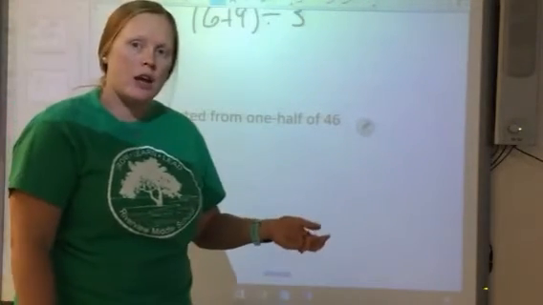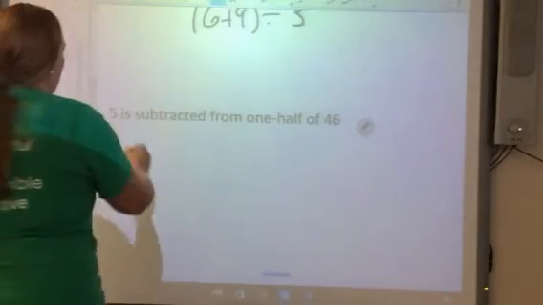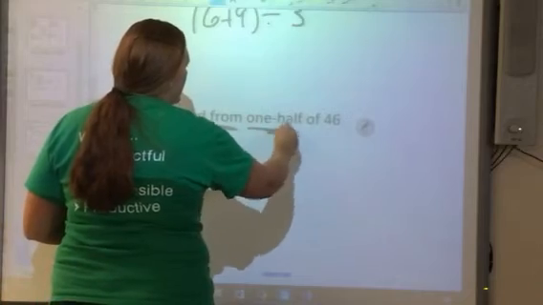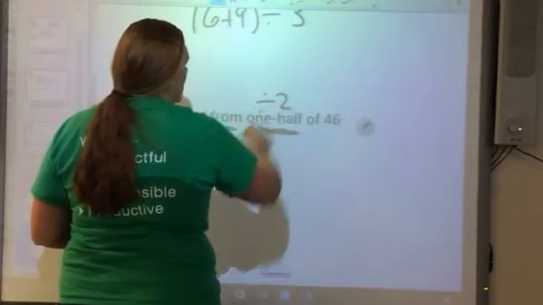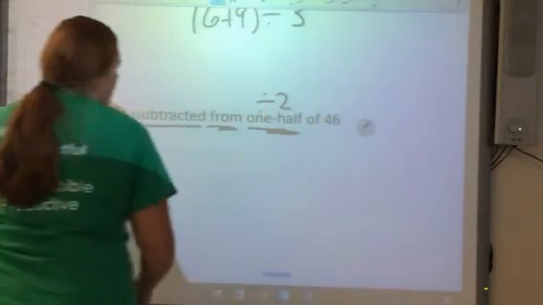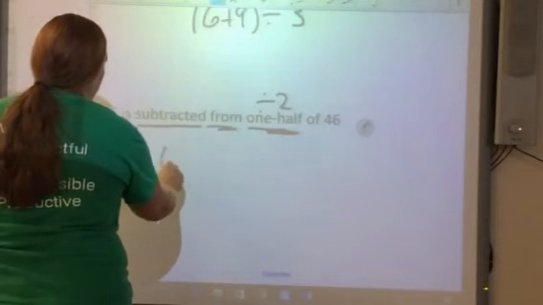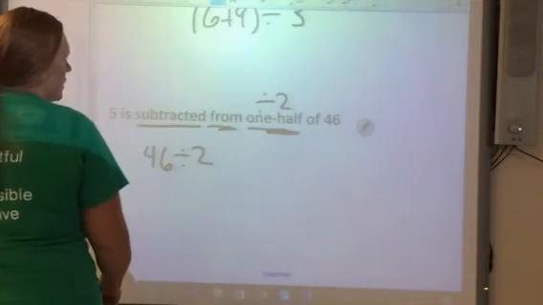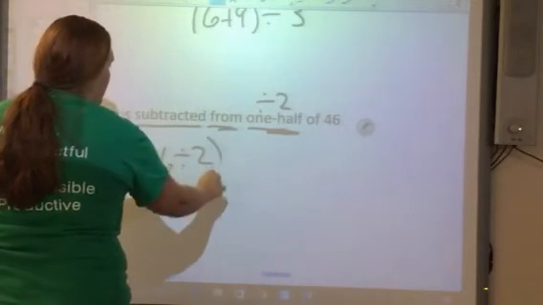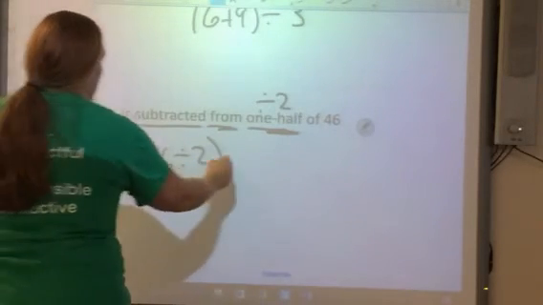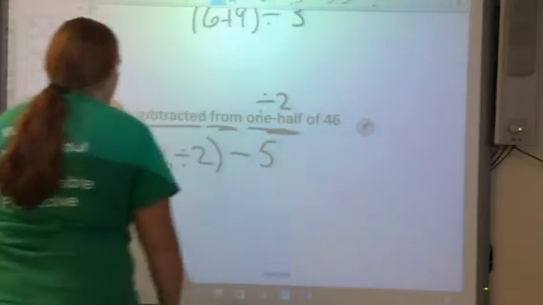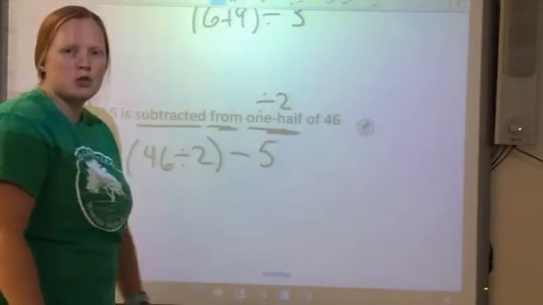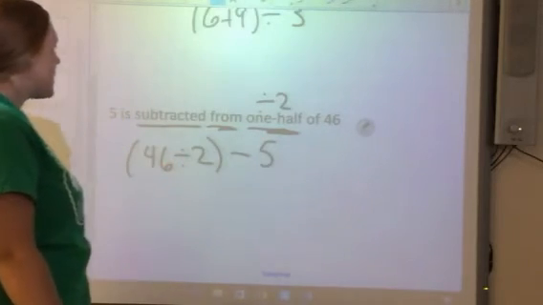Okay, hopefully you have tried it, so let's take a look. 5 is subtracted from 1/2 of 46. Half means I'm going to divide by 2. So I have to take 46 divided by 2, and if I want to, I could put parentheses, minus 5, because I need this answer before I can subtract. 1/2 of 46 minus 5.